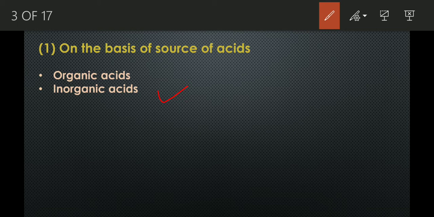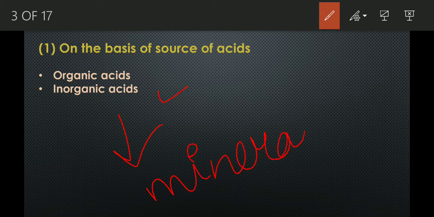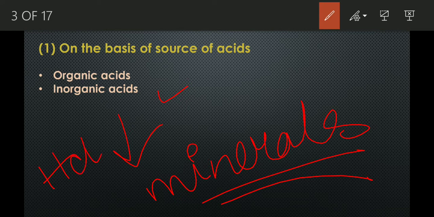Inorganic acids are those acids which we get from minerals. As these acids are derived from minerals, they are also known as mineral acids. Examples: hydrochloric acid HCl, sulfuric acid H2SO4 and nitric acid HNO3. These are the examples of inorganic acids.